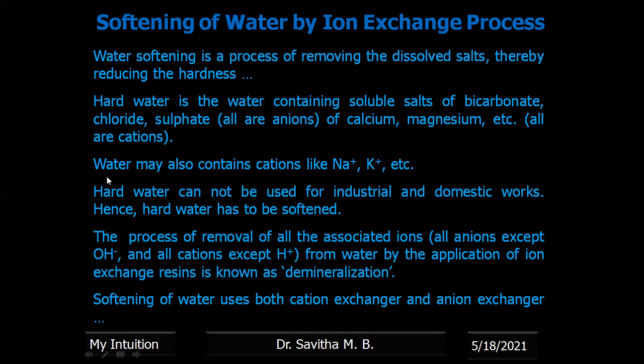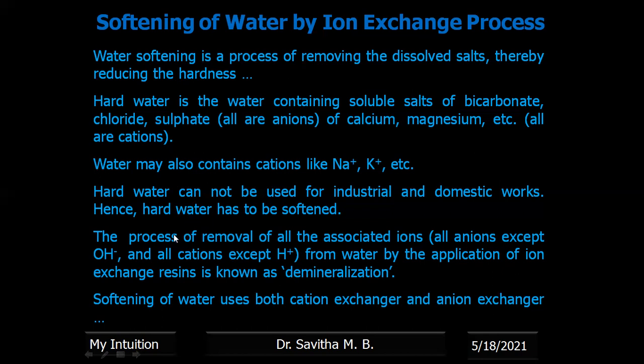Sometimes the water may also contain cations like sodium, potassium, etc. We have understood that hard water cannot be used for industrial and even domestic work because it has these ions. In industries, it will cause corrosion. We have discussed that in detail. Now, if hard water has to be used, it has to be softened.